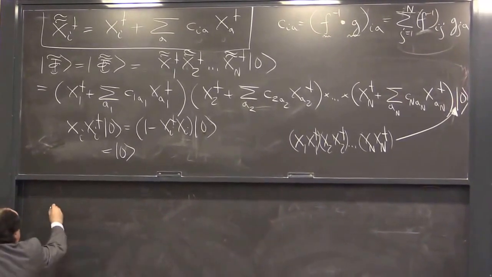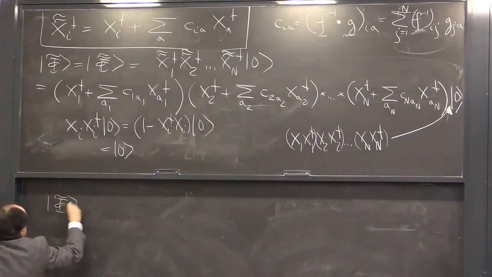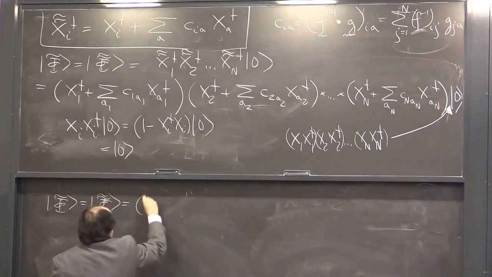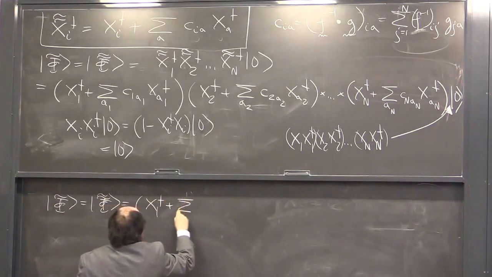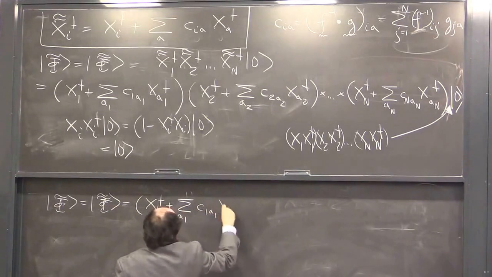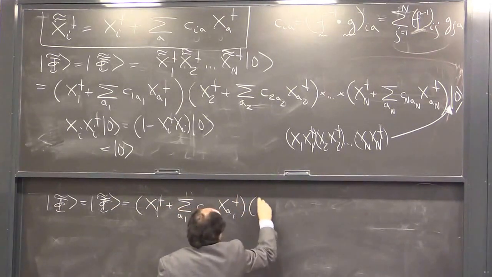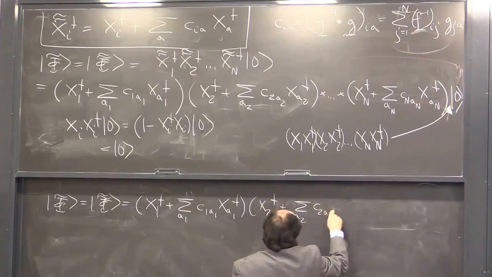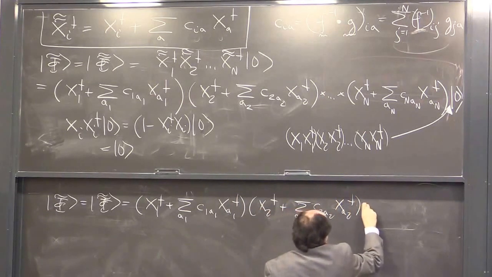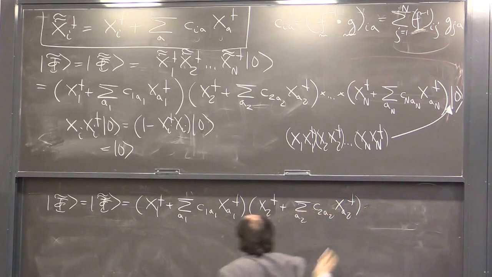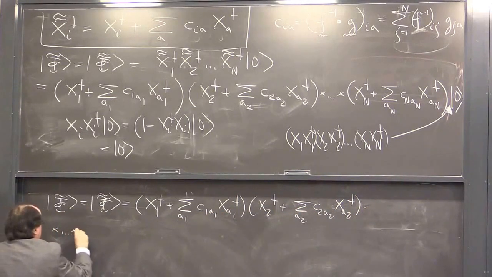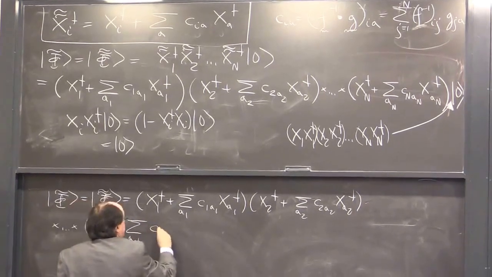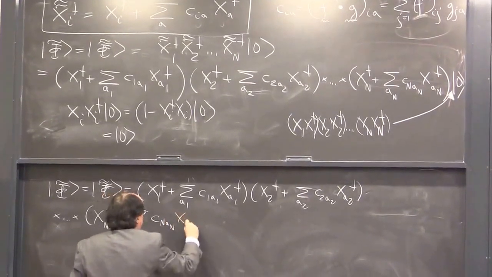All right, so continuing, phi double tilde is x1 dagger plus a summation over a1 c1 a1 x a1 dagger, x2 dagger plus a summation over a2 c2 a2 x a2 dagger, and then times xn dagger plus a summation over an cn an x an dagger.